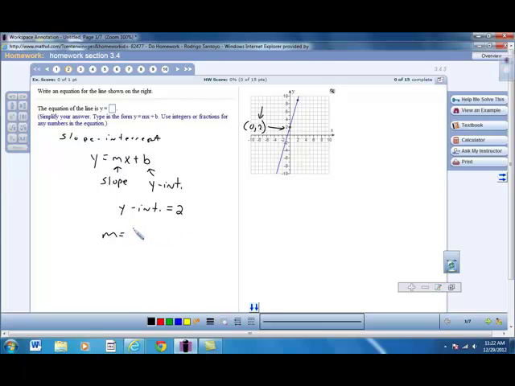When we've been talking about slope, it's been y2 minus y1 over x2 minus x1. But another way to look at it is rise over run. So we need to find how much it rises and how much it runs.